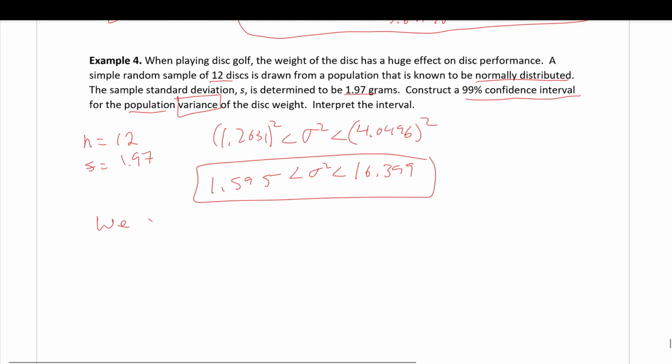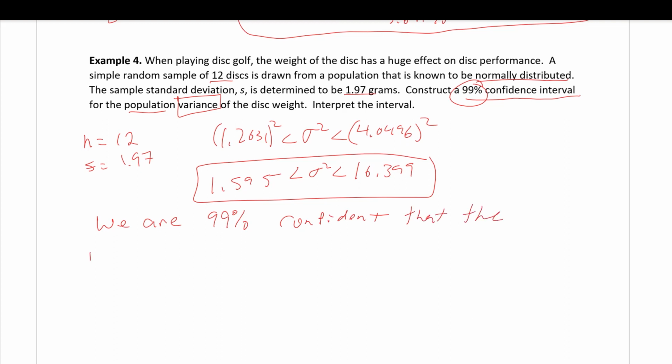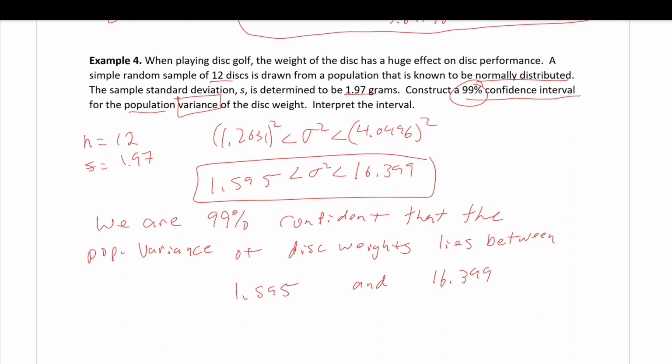So we say we are 99% confident that the population variance of disc weights lies between 1.595 and 16.399.